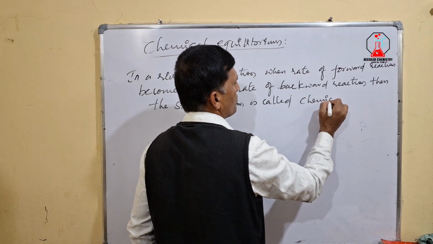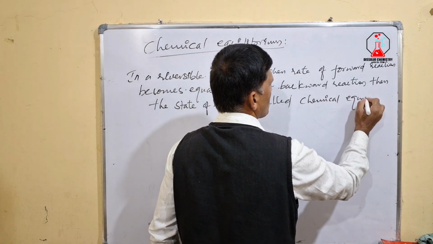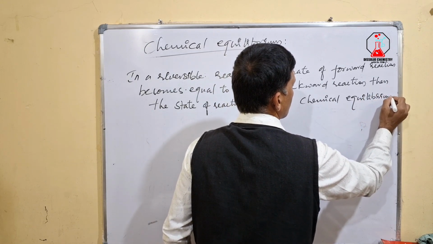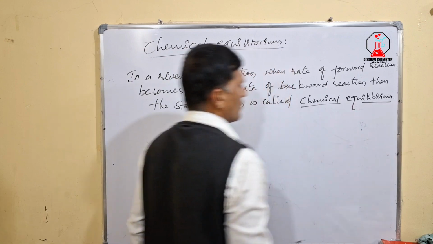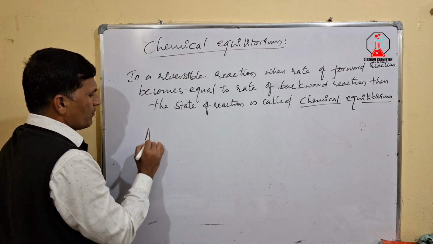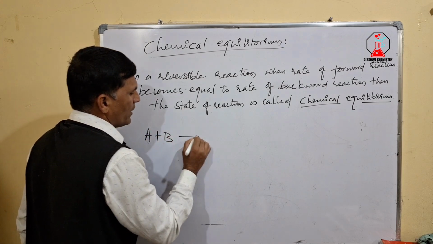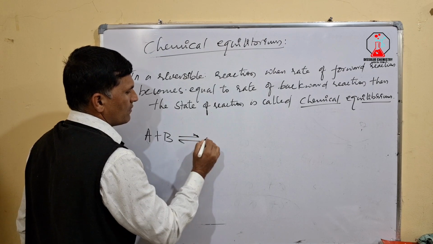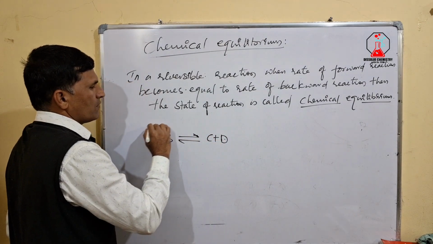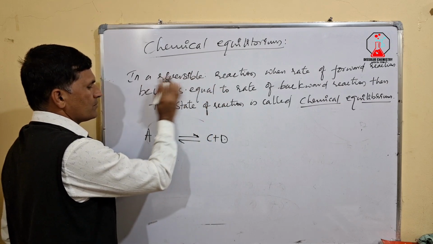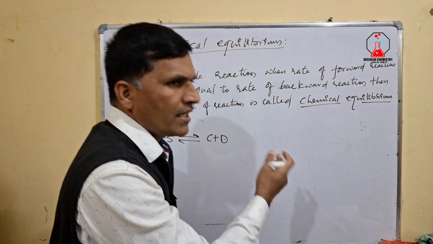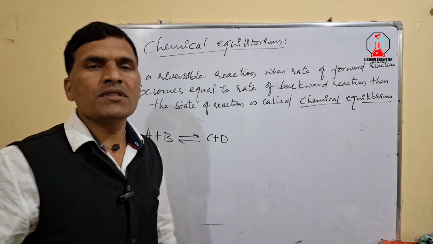Chemical equilibrium. Okay, so that we call as what? Chemical equilibrium. So therefore A plus B combining to give C plus D reversibly. So at equilibrium, the rate of conversion of A plus B to C plus D and C plus D to A plus B becomes equal.